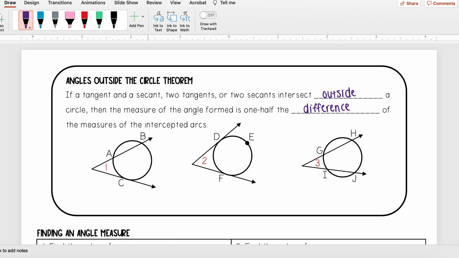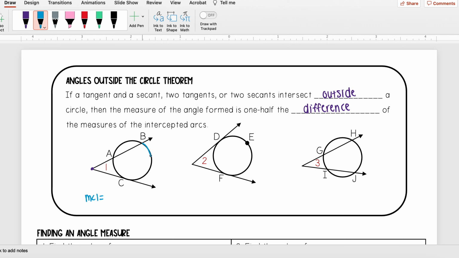This first one, I have a tangent intersecting with a secant outside the circle right here. And what this theorem tells us is that this measure of angle 1 is going to equal the difference of the measures of the intercepted arcs divided by 2. So you always want to take your bigger arc.